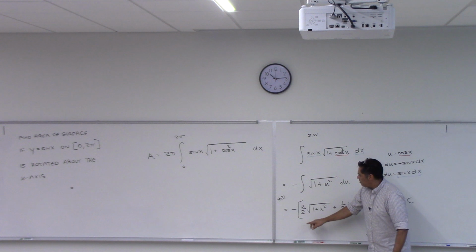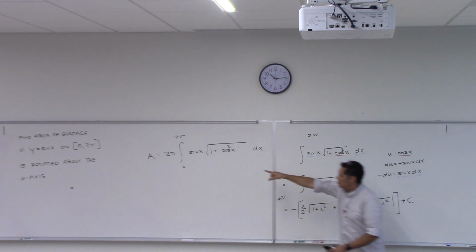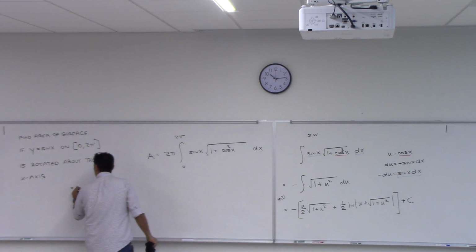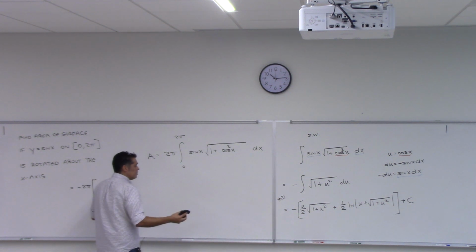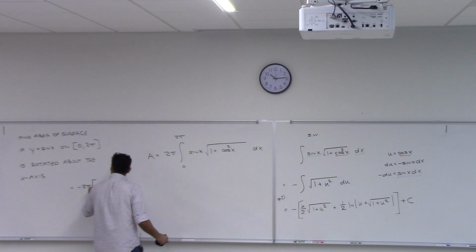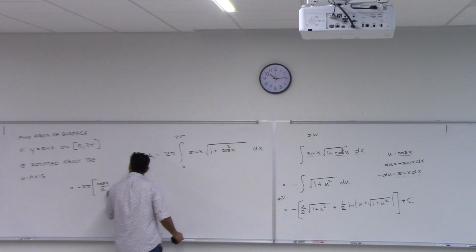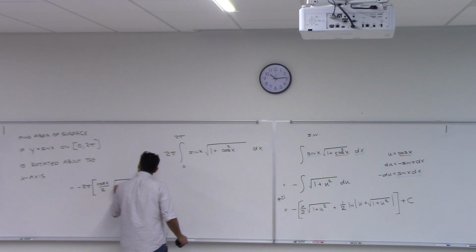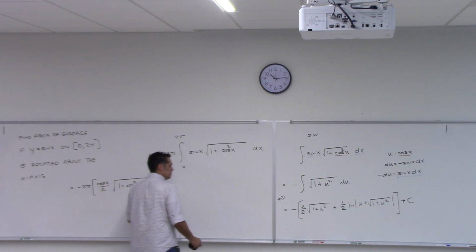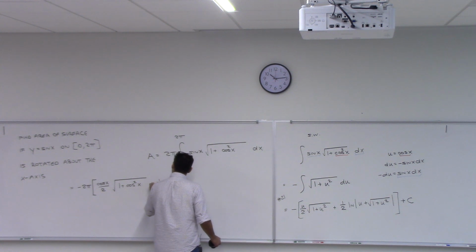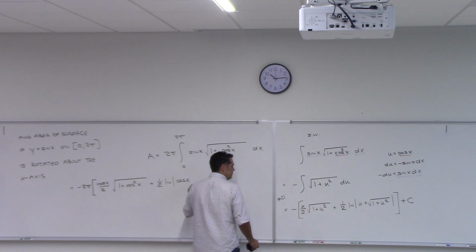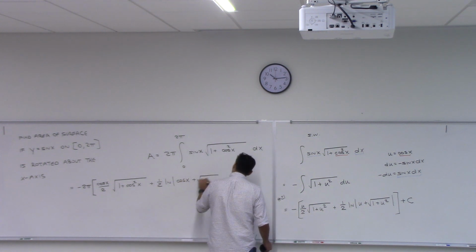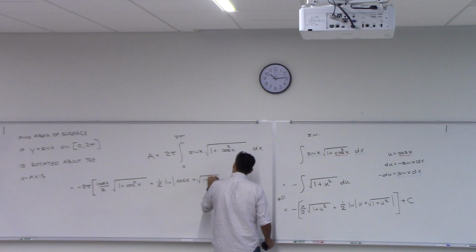Okay, so let's take the minus and put it with the 2 pi. Minus 2 pi, bracket. U is cosine, so cosine x over 2 square root of 1 plus cosine squared x plus 1/2 natural log of cosine x plus square root of 1 plus cosine squared x.